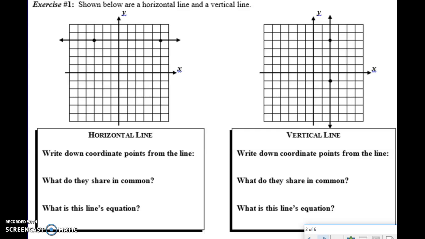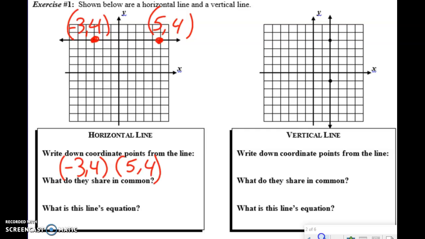So let's go ahead and take a look at this horizontal line, and specifically these points. This is the point -3, 4, and this is the point 5, 4. Now I could have chosen any point on the line. I just decided to use those points, and I want you to take a look at these and see if they have anything in common.